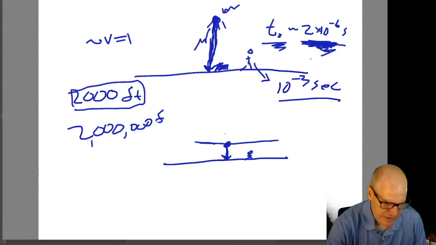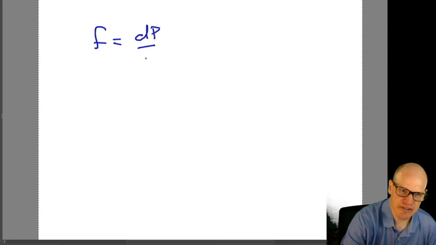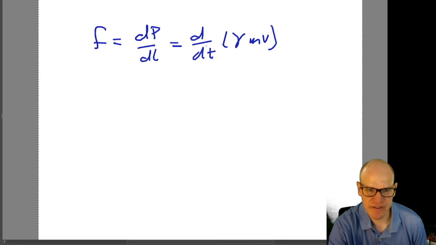Okay, now back to what I was mentioning before, that you have this scenario where if you exert a force on something, forces cause change in momentum, dp/dt, like this. That is a change in gamma mv, because this is what relativistic momentum looks like. Change in gamma mv.